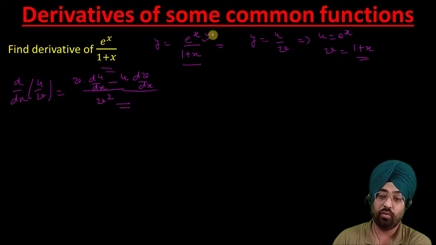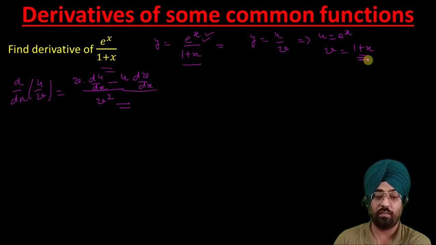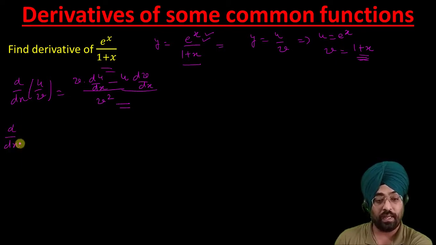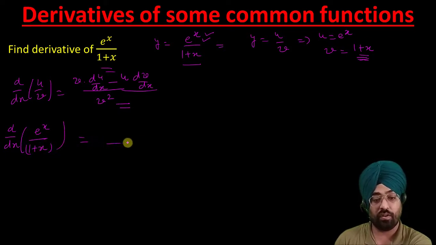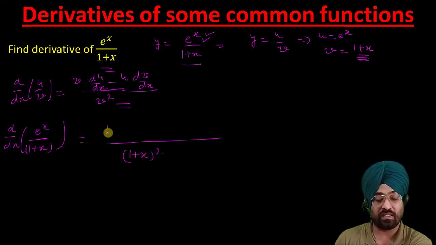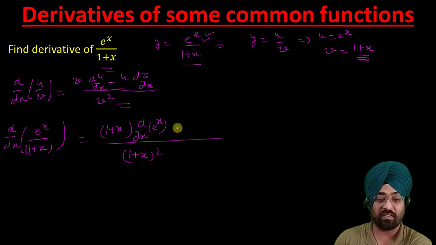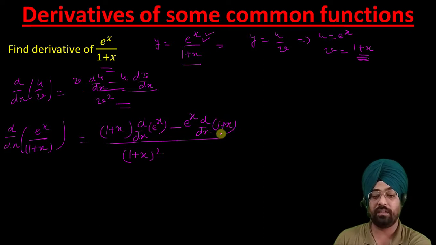Now this is your u, this is your v. Let us apply this formula. We have to find dy by dx of e raised to the power x upon 1 plus x. First, the square of the denominator, 1 plus x whole square, then 1 plus x as it is, derivative of e raised to the power x, minus e raised to the power x as it is, dy by dx of 1 plus x.